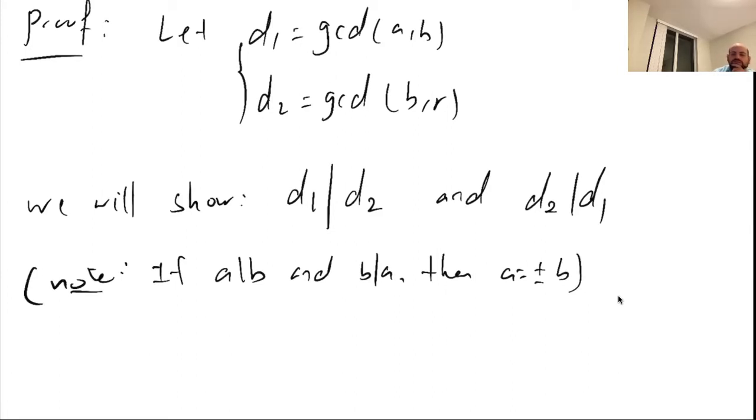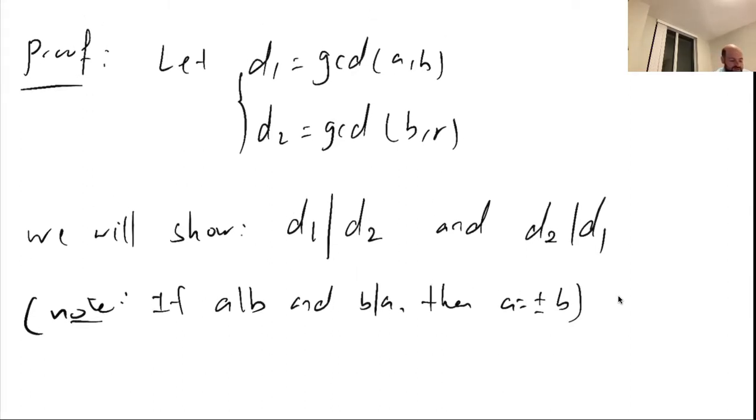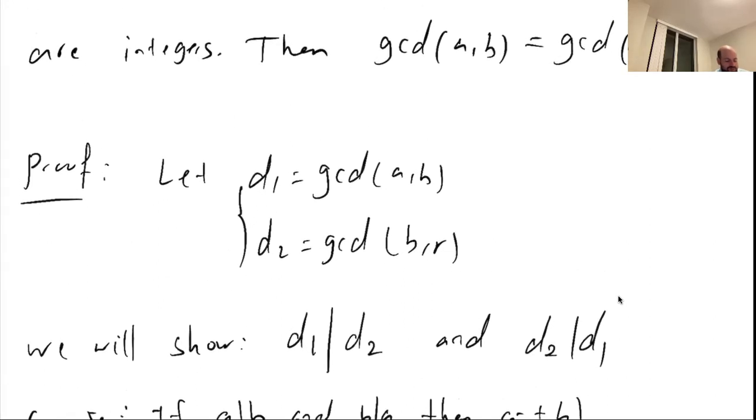That's true for any two non-zero integers. This property means that if both numbers are positive, and one divides the second and the second divides the first, then the two numbers must be equal. Here the GCD by definition is a positive number. So if I want to show that D1 equals D2, I can show instead that D1 divides D2 and D2 divides D1.